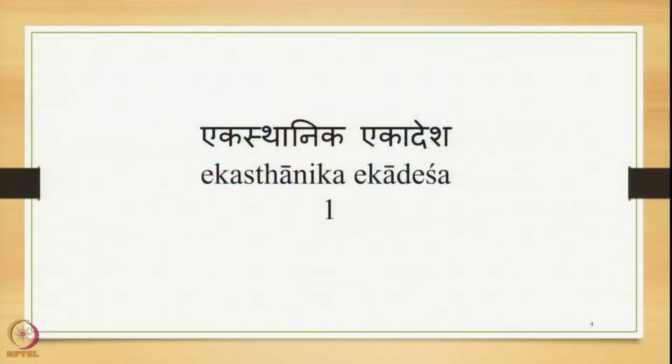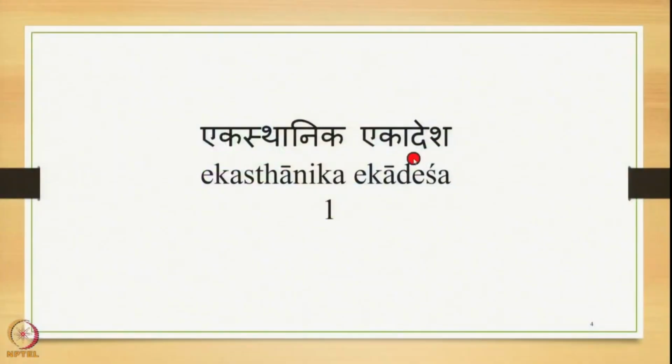We said that the ach sandhi is classified under two broad categories. The first one being ekasthanika ekadesha, meaning thereby that one substitute, eka adesha, coming in place of one sthani, one substituent, one substitute.